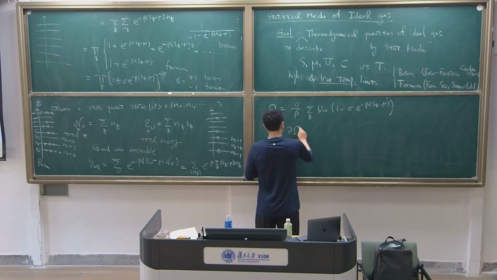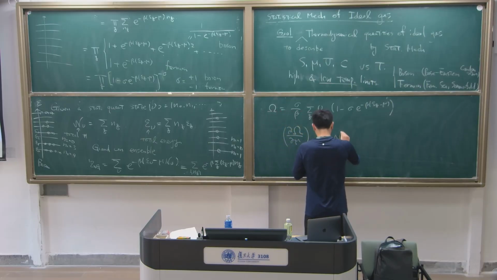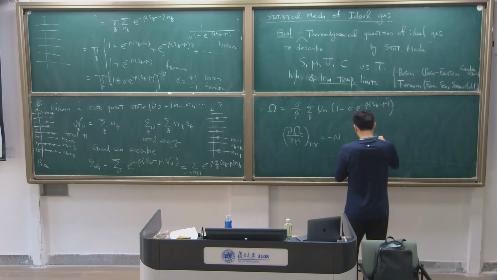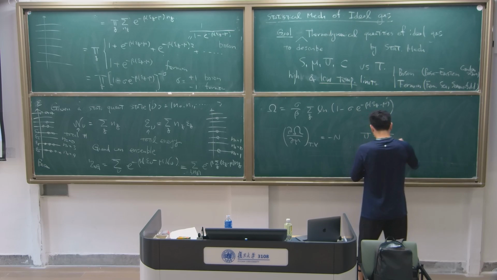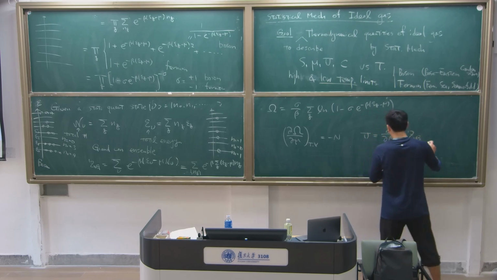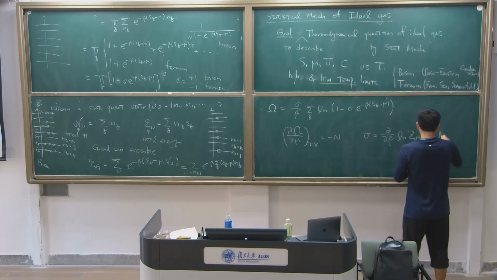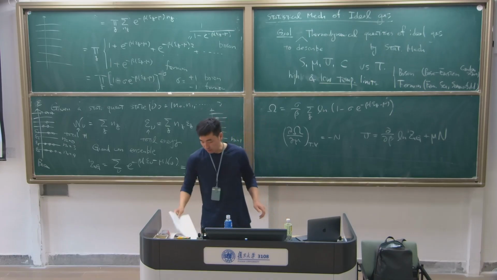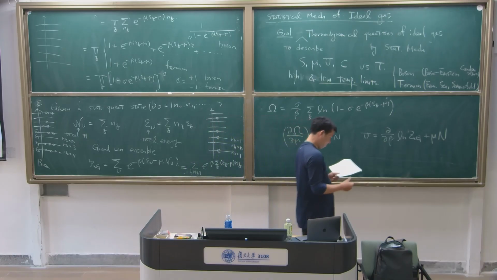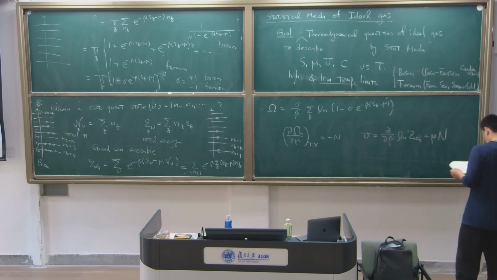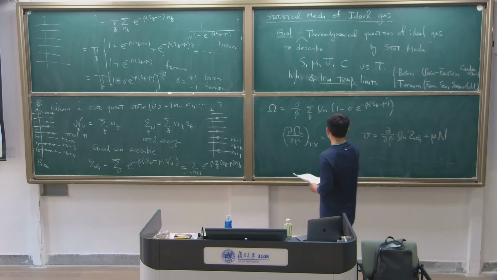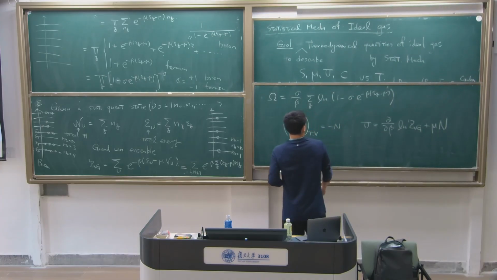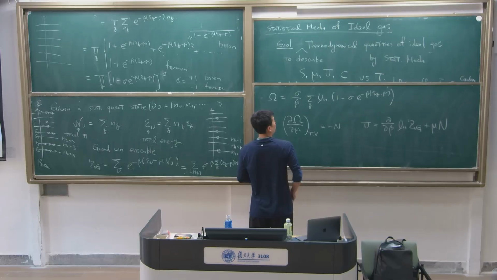We recall that omega at fixed T and mu is equal to minus k T log Z_G, and N is minus the derivative of omega with respect to mu, and the internal energy U is given by minus the derivative with respect to beta of log Z_G plus mu N. So if you use this, what you get is as follows.